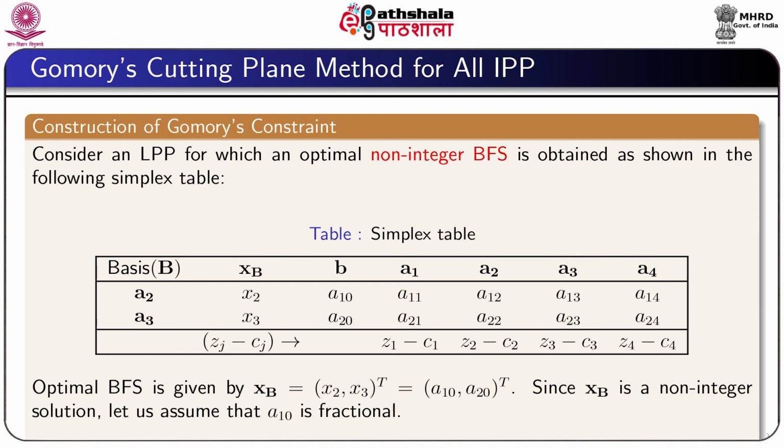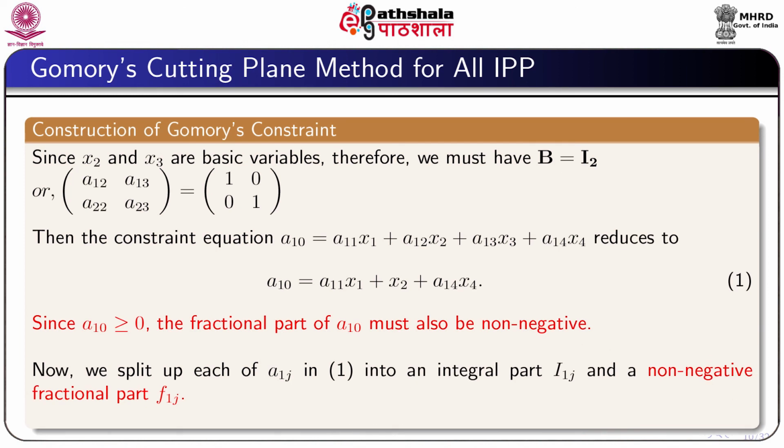For the sake of brevity, let us assume that A10 is fractional. Now, since x2 and x3 are basic variables, we must have B equal to I2, that is the matrix A12, A13, A22, A23 is equal to 1 0 0 1.